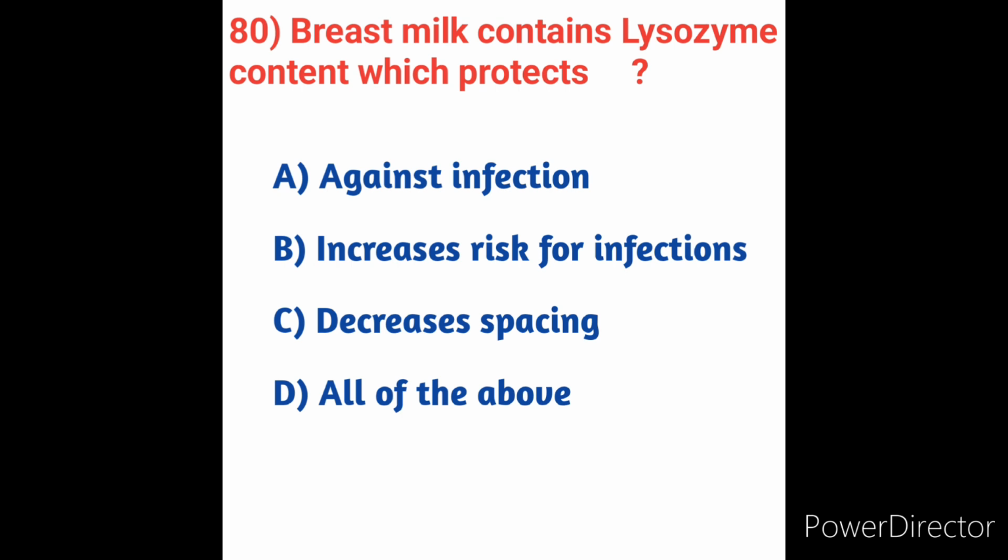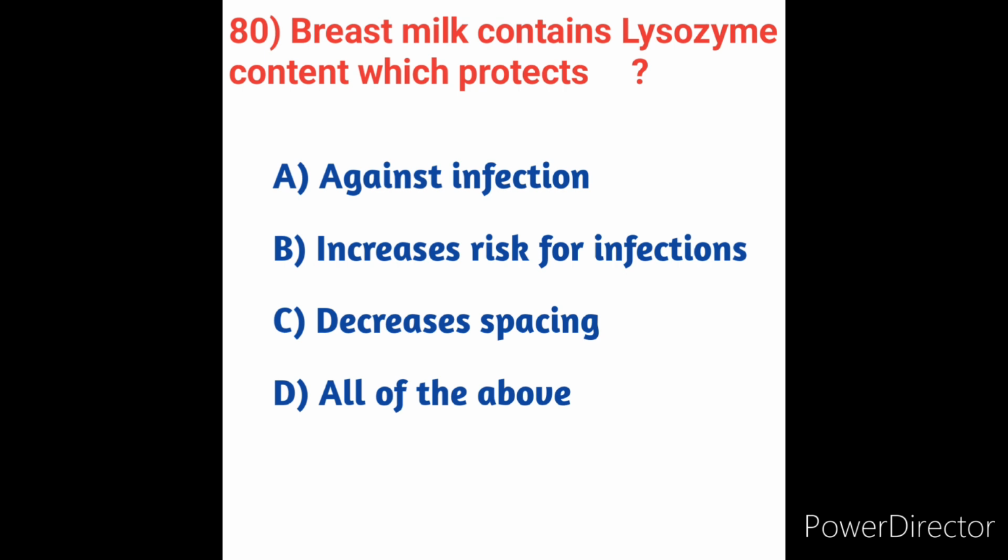The benefits of lysozyme present in breast milk to improve immunity and prevent infection in infants are gaining attention. This type of immunity is also called passive immunity. So here the breast milk contains lysozyme content which protects against infection. So option A is the correct answer. What is the main component found in breast milk? Human milk composition: breast milk is the best food for newborn babies.